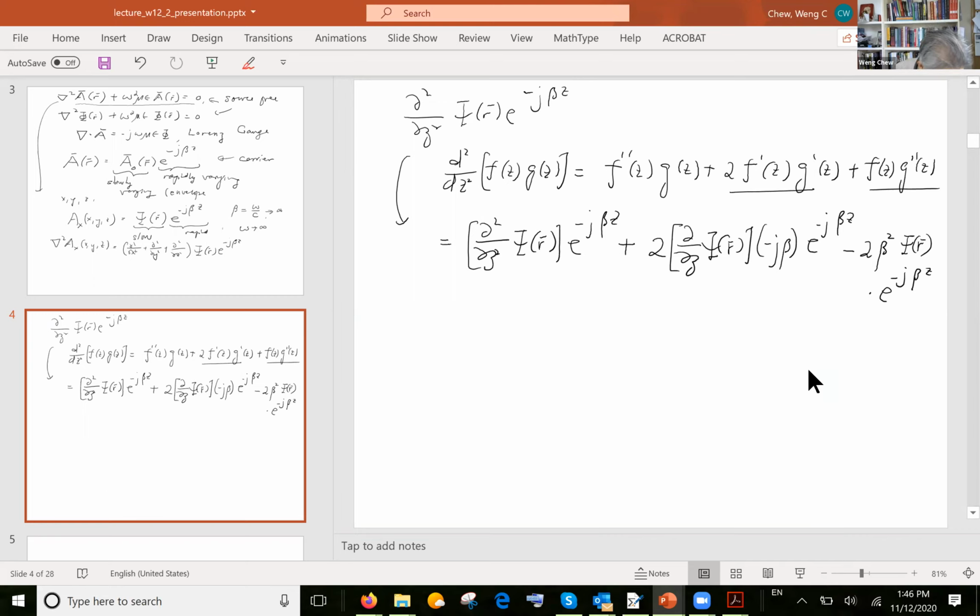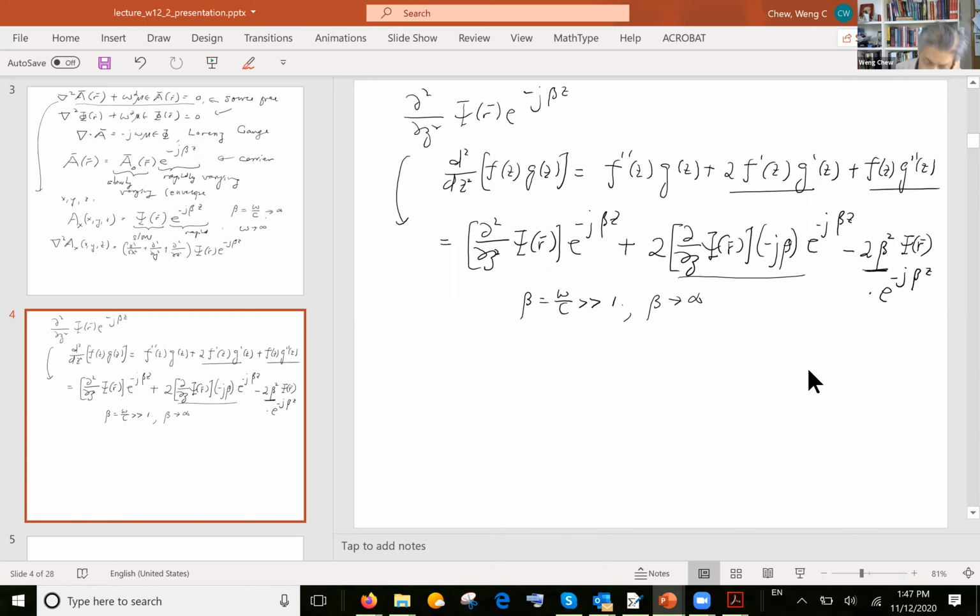I'm going to assume that beta is very large. This term has beta squared in it, so it's going to be the largest term when beta goes to infinity. The second term has only one j beta in it, instead of beta squared, so it would be the second largest term.